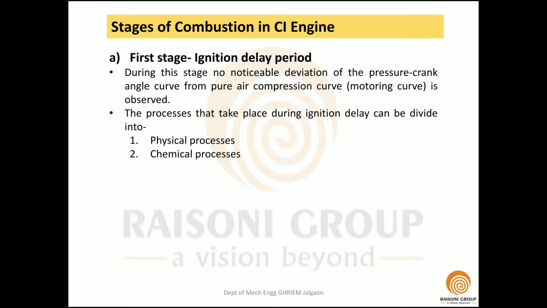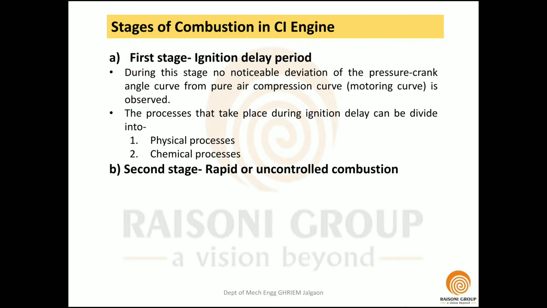Therefore, the first part of the ignition delay is considered to be dominated by the physical processes, which help in the formation of the chemical processes. The second part of the ignition delay is considered to be dominated by the chemical changes, which lead to auto ignition.